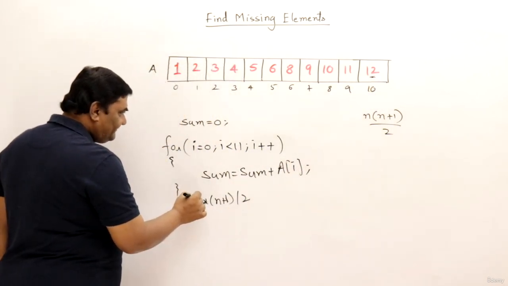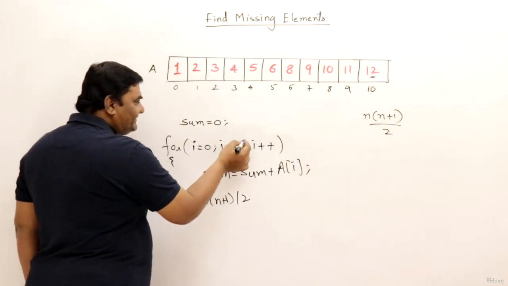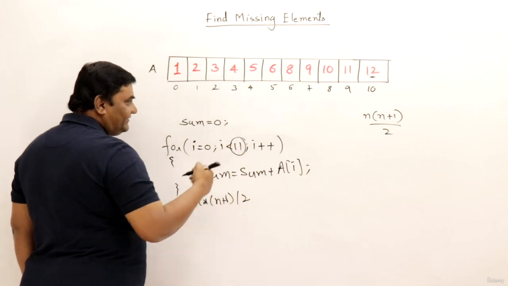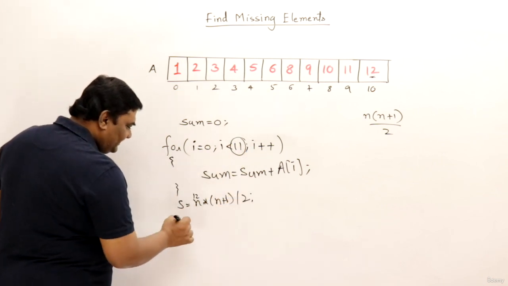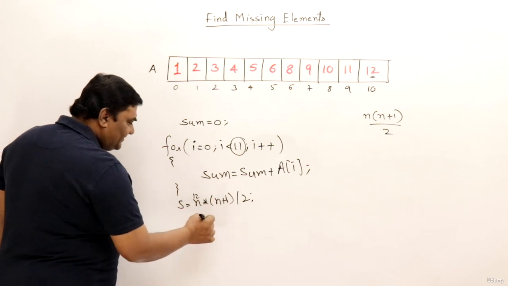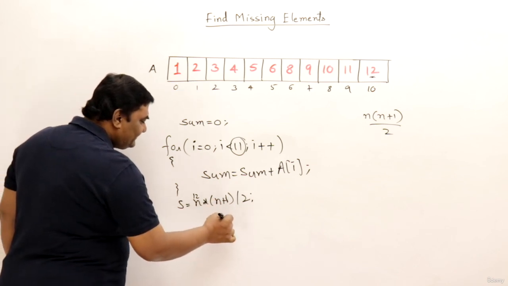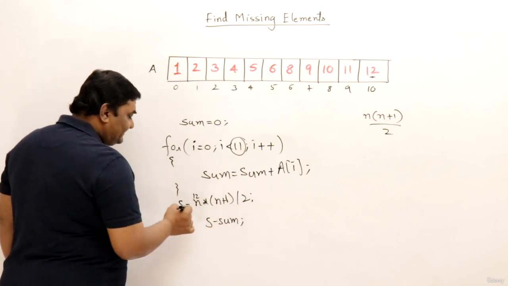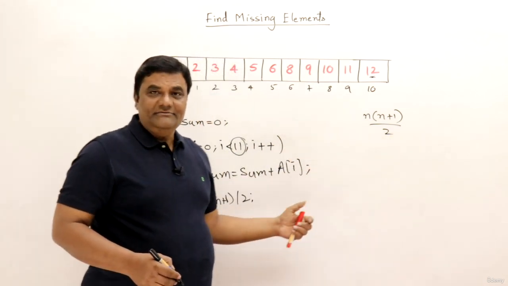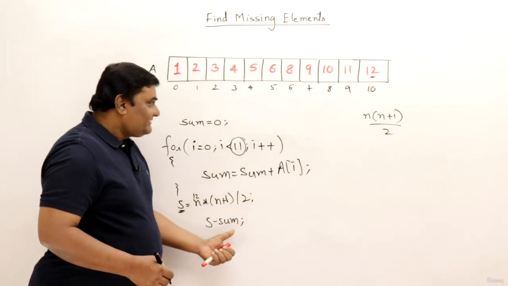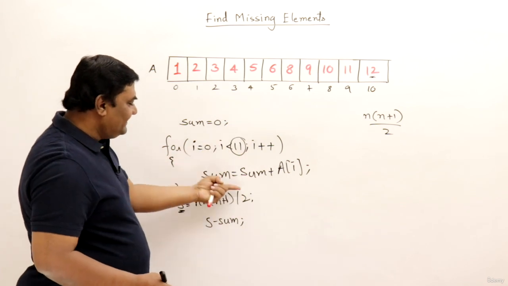So n should be 12, and this is the number of elements in the array. Once I have this, I can know the missing number from s minus sum. s is obtained from the formula, that is the sum of natural numbers, then minus sum, that is what I have added from all these elements.